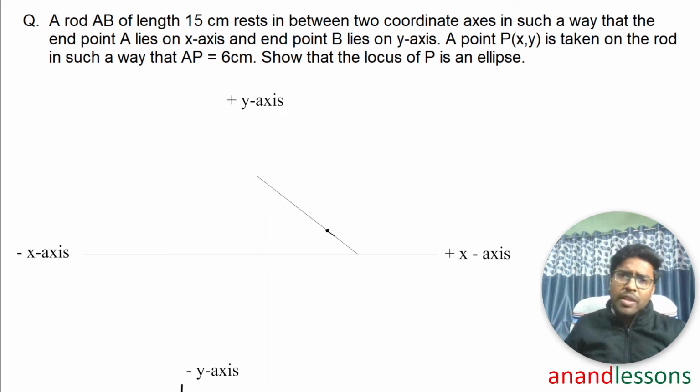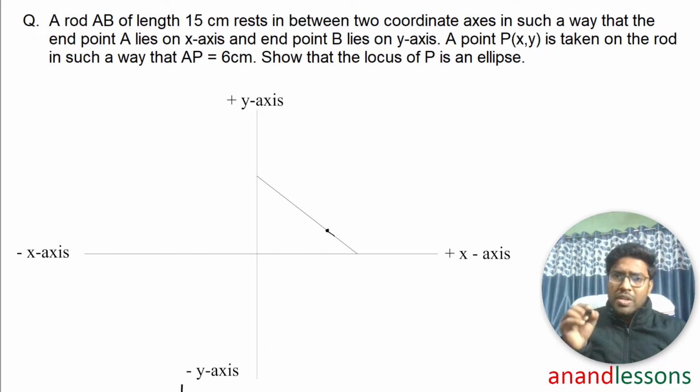Note one thing, that this question is a particular question where the length of the rod is 15 centimeter. If we have to understand this question, we should go in some general way. Suppose whatever the length of that rod will be, but it is lying in between the axes and a point P is somewhere on that rod, but that P is not changing its position on the rod.